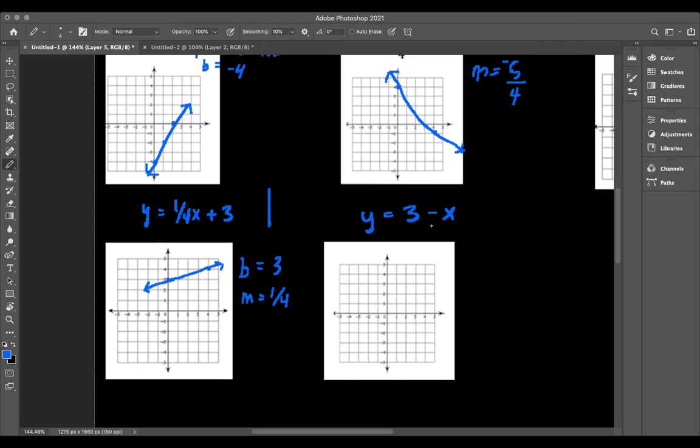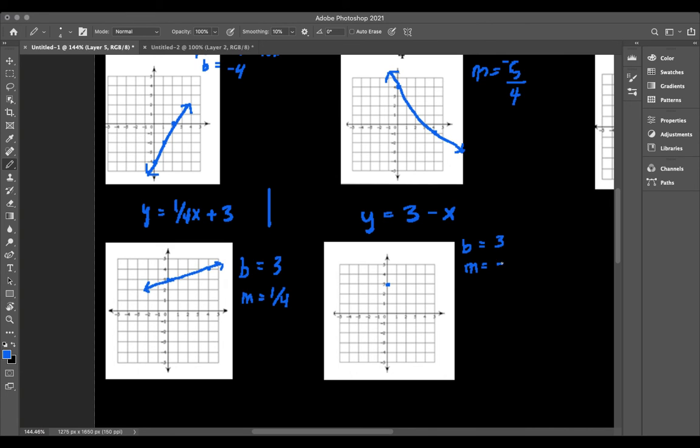Okay, let's do another one. All right, so the B and the M. Now in this situation, we have a 3 and then we have negative x. So the B is still going to be 3, okay, because that's a constant right here. Now the M is negative x in this situation. So that would be, now what's x? 1/1.